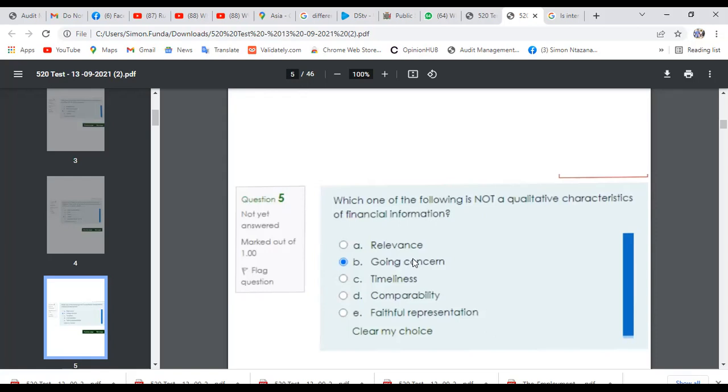So you're supposed to be truthful in short as we prepare the financial statements. So the going concern, it's a concept in accounting and not a characteristic.